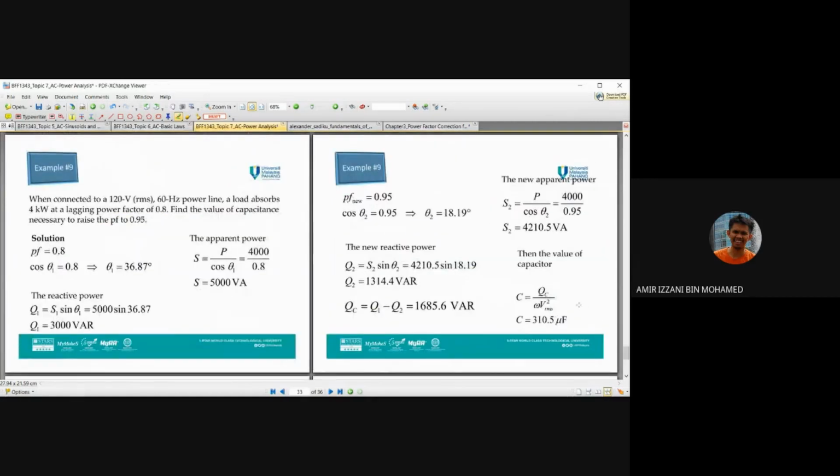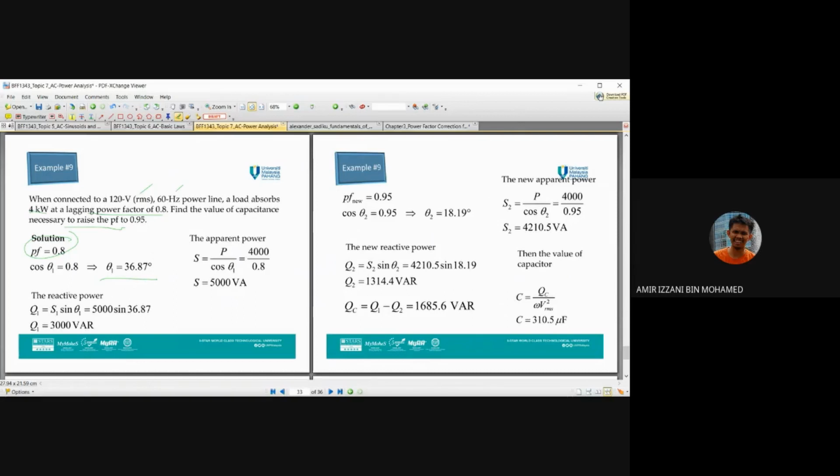Okay, let's take a look at this example 9. We have a 120 V RMS voltage source at 60 Hz, and a load absorbing 4 kilowatts at a lagging power factor of 0.8. Find the value of capacitance necessary to raise the power factor from 0.8 to 0.95. The original power factor is 0.8, so theta 1 from cos theta 1 of 0.8 is 36.87 degrees.